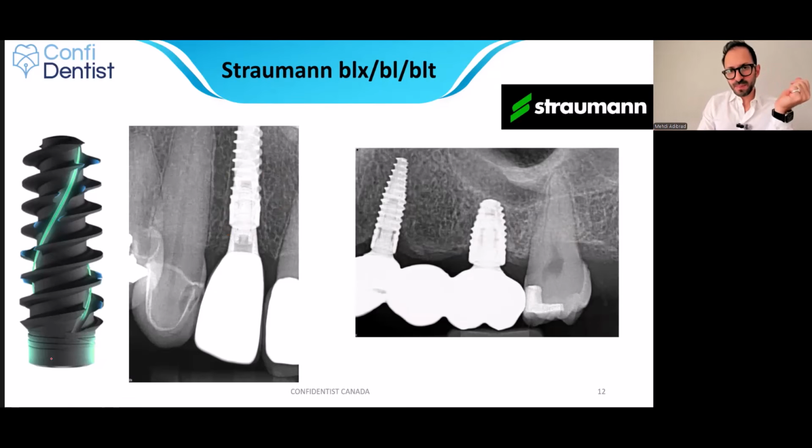Another case of bone level taper. This is BLT. Okay. This case shows some pre-implant bone loss that we will discuss later. But by looking at the implant and the moment I see this step, I can say, okay, this is a bone level implant, okay?